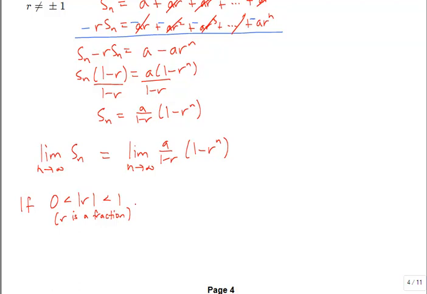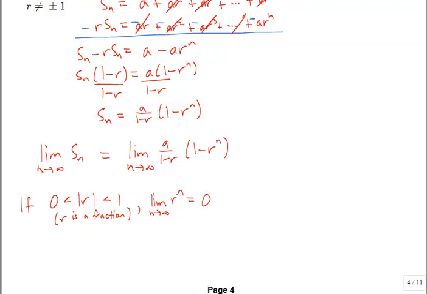If r is a fraction, what you want to remember is a property or theorem that we talked about in our sequences video lecture, and that's the fact that the limit as n goes to infinity of r to the n, so a fraction raised to an n, like 1/2 to the n, 1/3 to the n, negative 1/4 to the n, that goes to 0 in the limit.